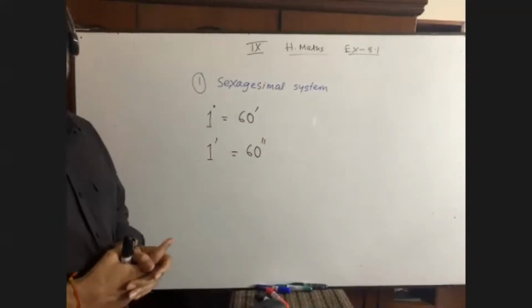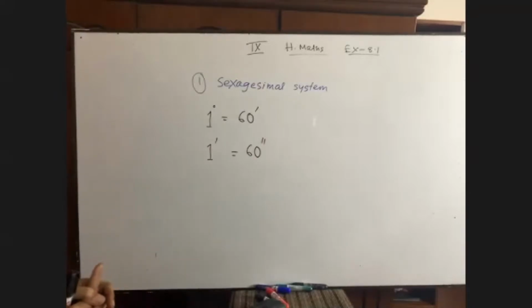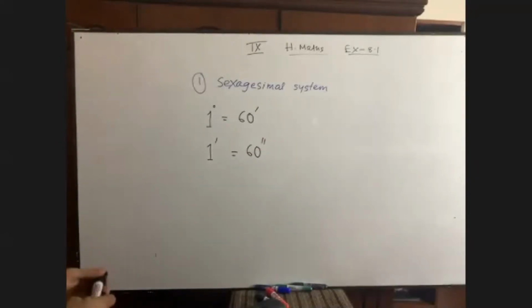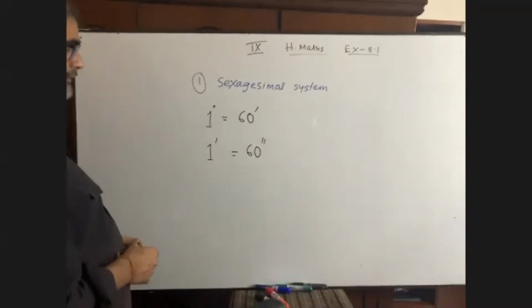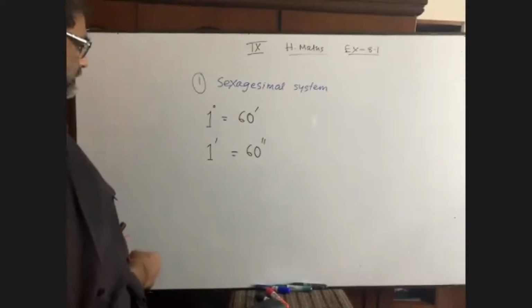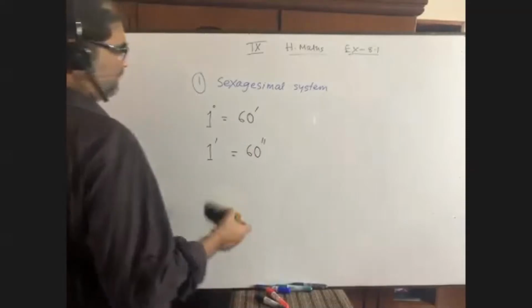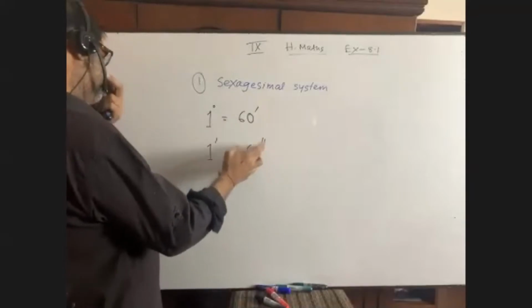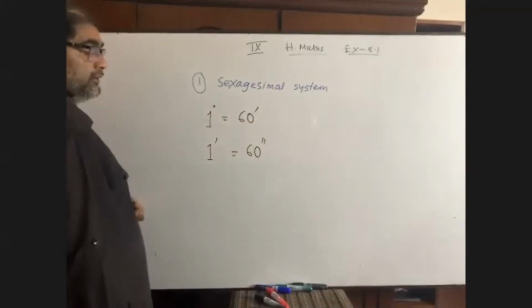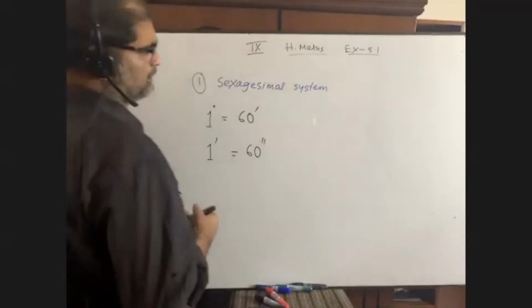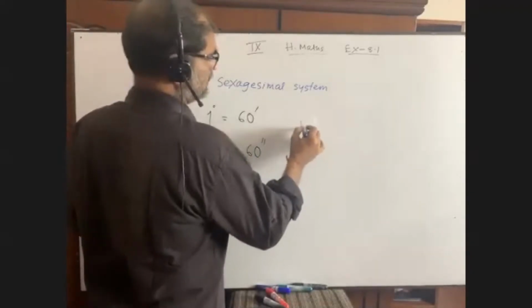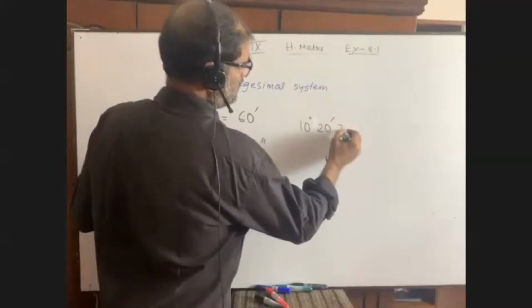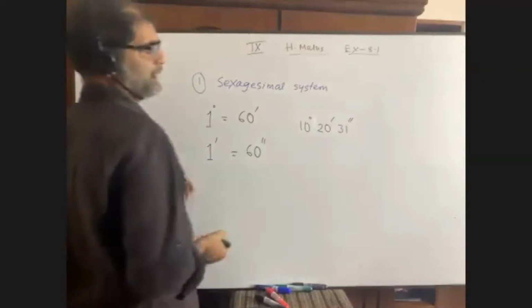Okay. Write down. I think you have written. Don't think it is minute for time. It is minute and seconds for angles. For example, an angle can be written 10 degree, 20 minute, 31 second. An angle can be written like that.